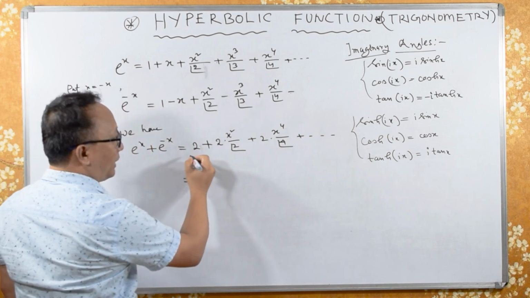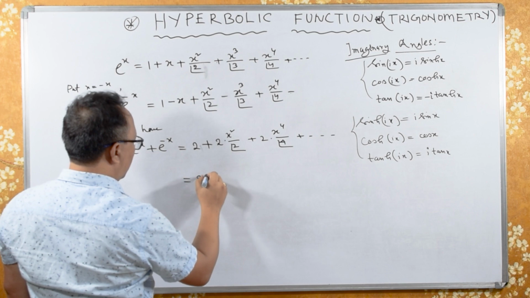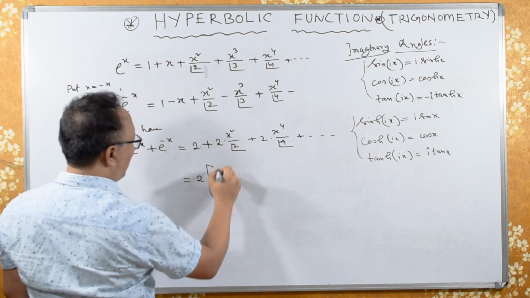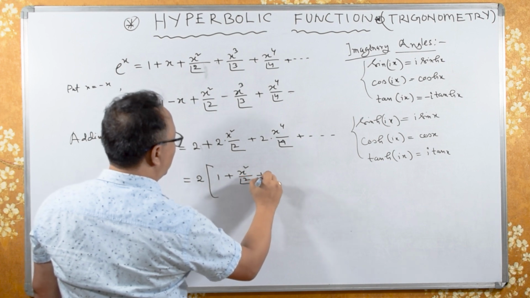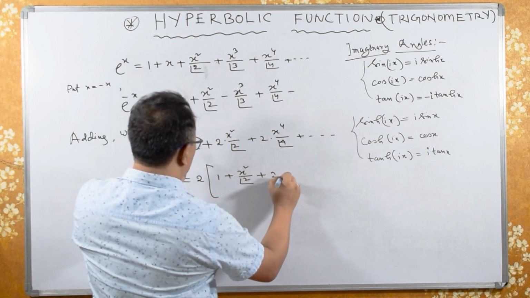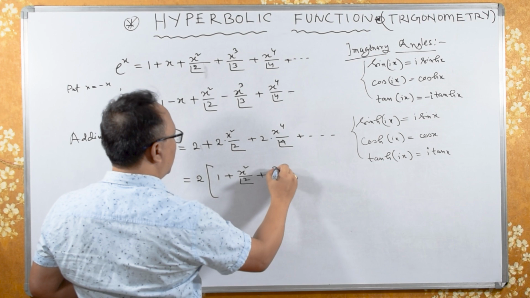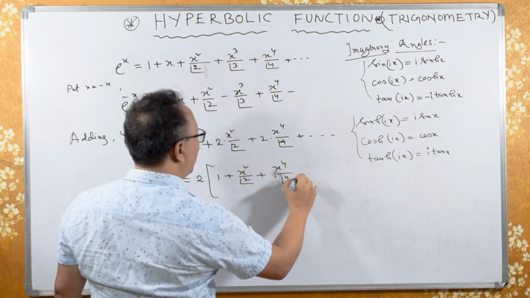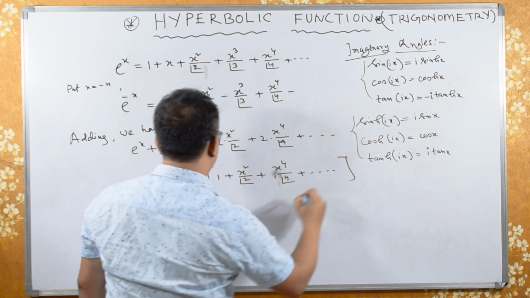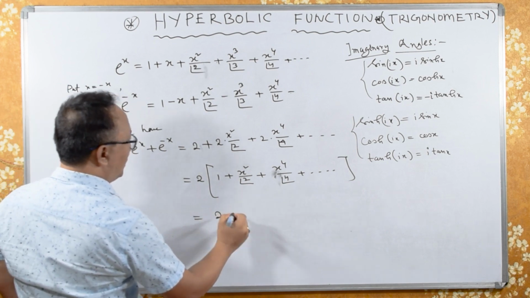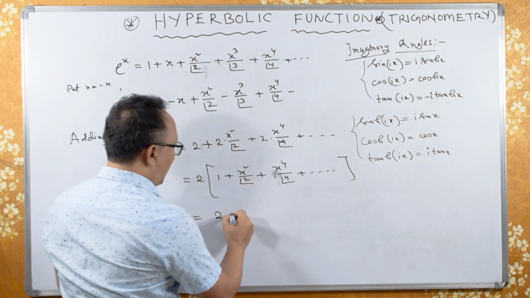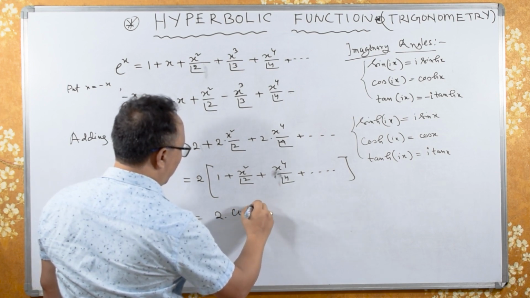Now I can take 2 common. Then I have 1 plus x square by 2 factorial plus x4 by 4 factorial plus and so on. This is 2 times the formula for cos hyperbolic x.